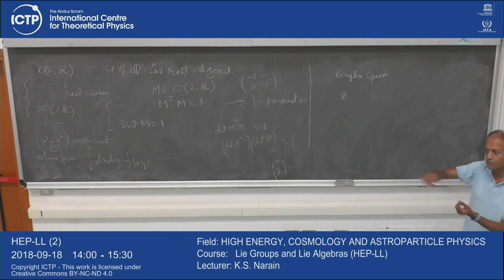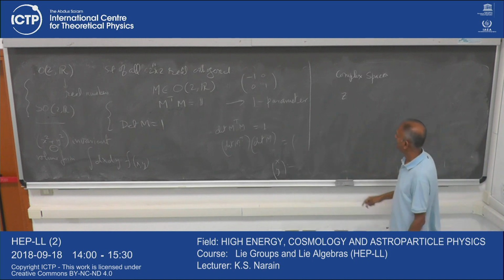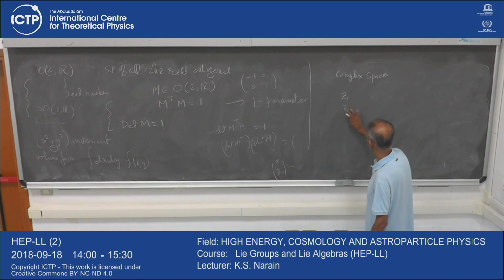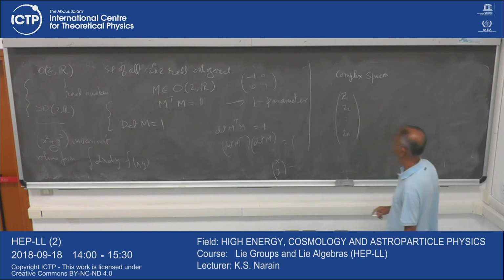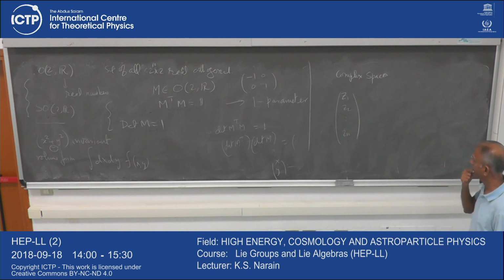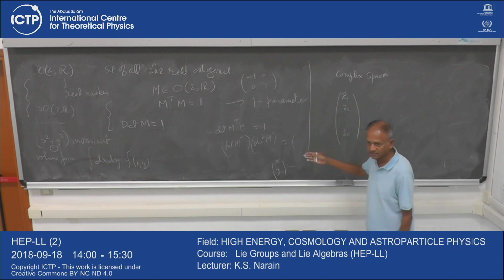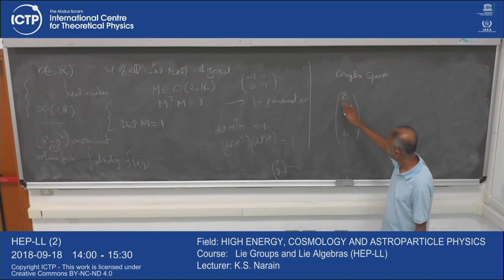One complex is equivalent to 2 real, so it is a plane. Or more generally, I can take n of them, Z1, Z2, up to Zn. And we consider the most general transformation on this complex space.